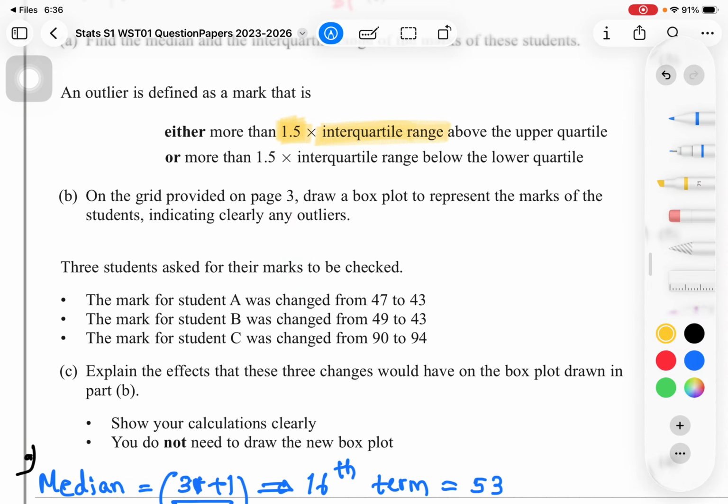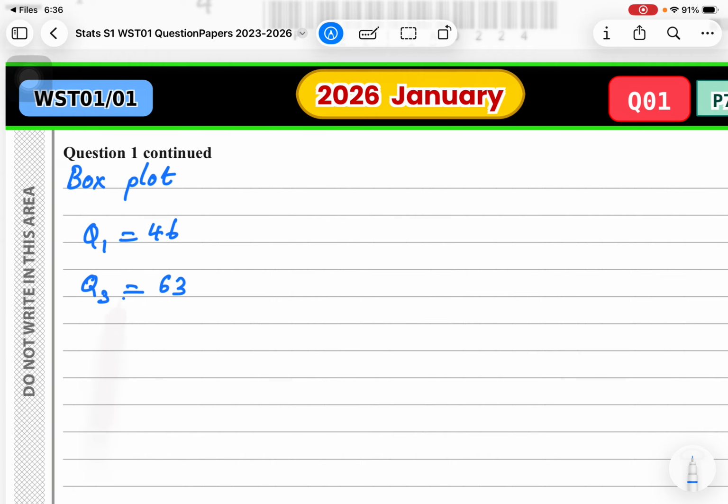For the box plot we need Q1, which was 46, Q3, which is 63, and the median, which is Q2, that would be 53.